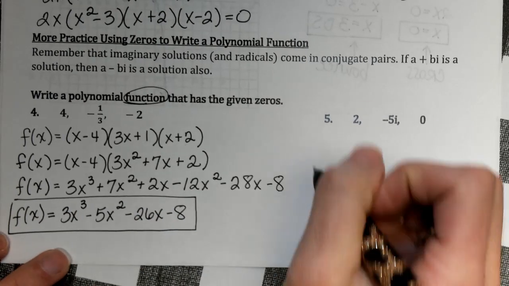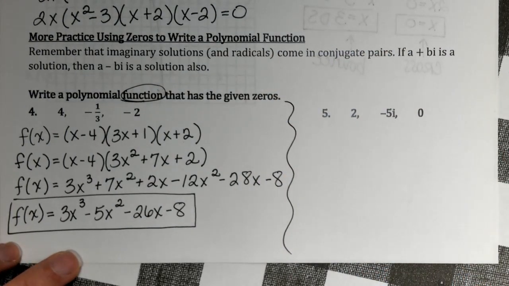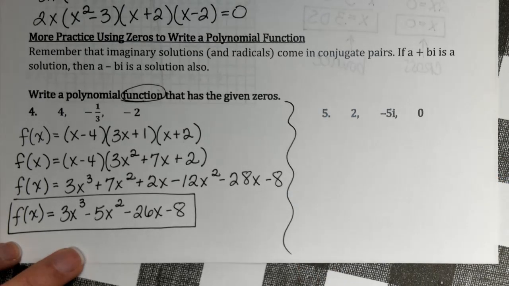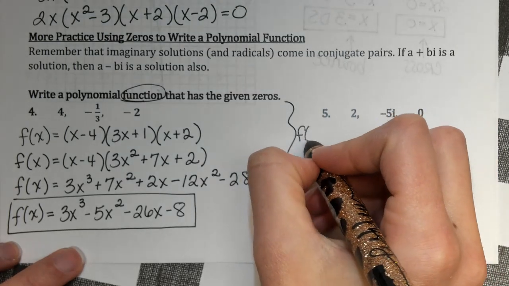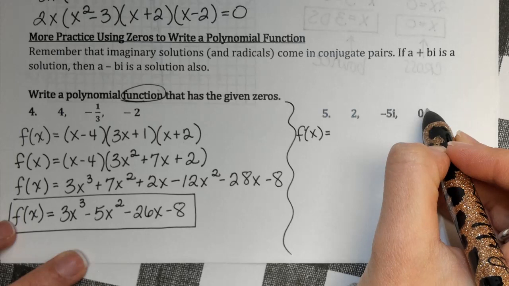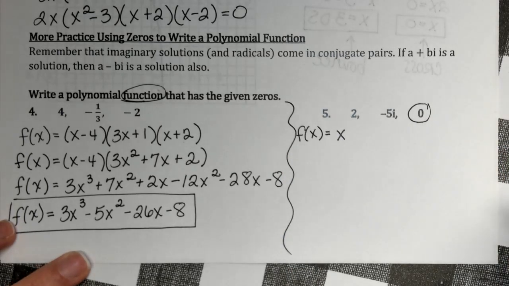Okay, but we need some work with our imaginaries and radicals. Okay, so the next one I have a 2, a negative 5i, and a 0. So I'm going to have f of x equals, I'm going to put this x first that represents that 0.